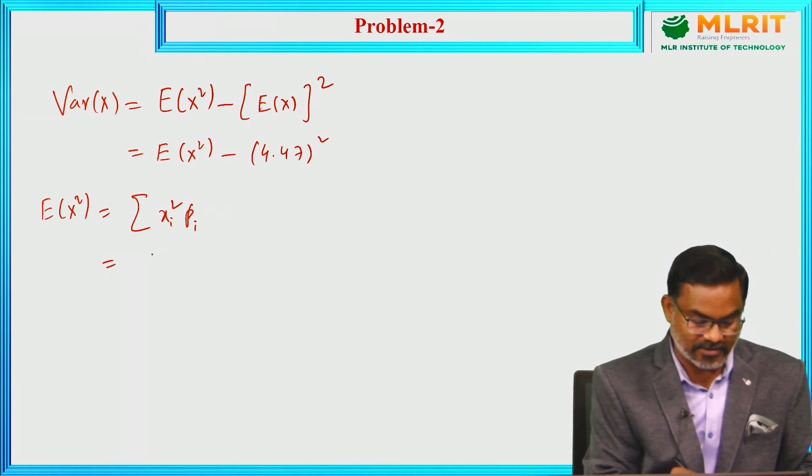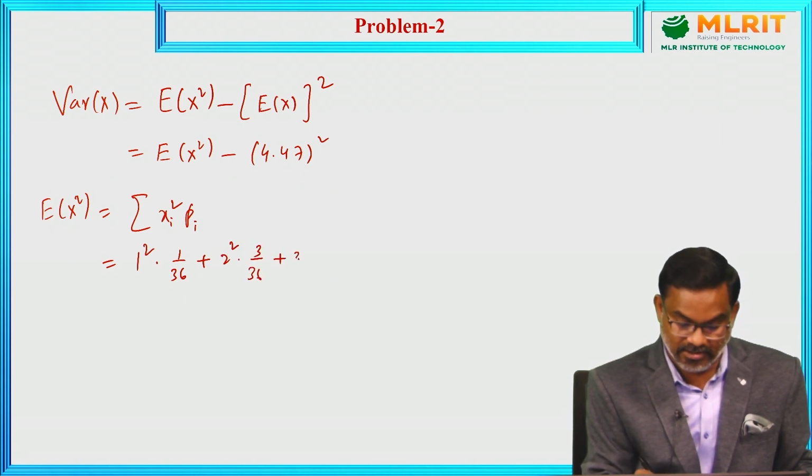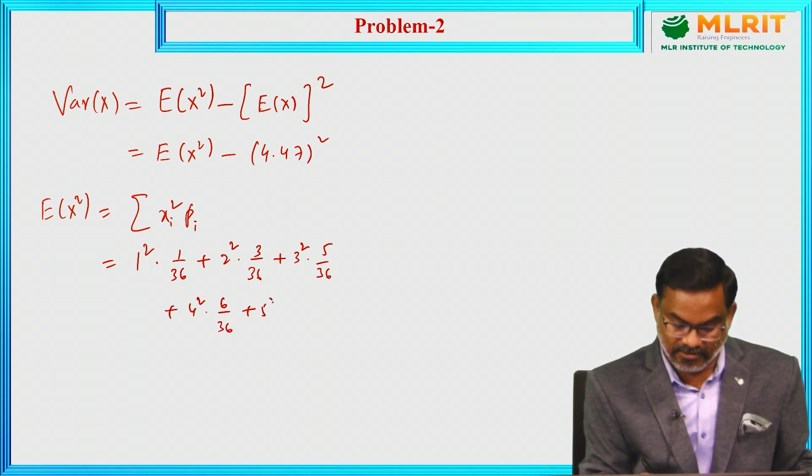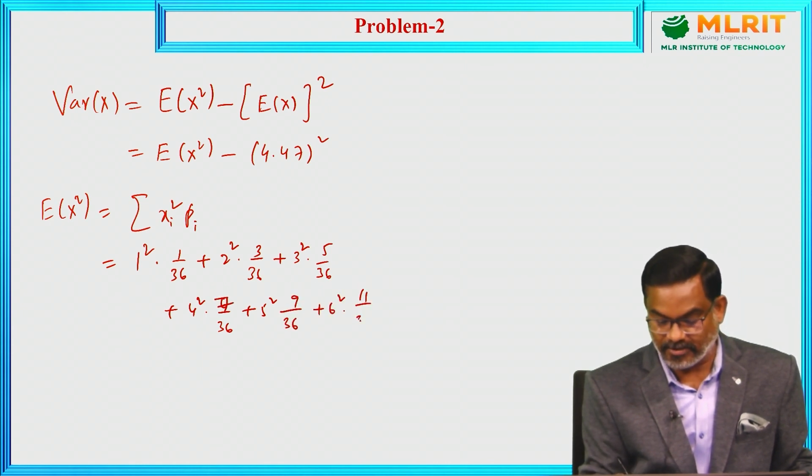That means 1 square into 1 by 36, plus 2 square into 3 by 36, 3 square into 5 by 36, 4 square into 7 by 36, 5 square into 9 by 36 and 6 square into 11 by 36.